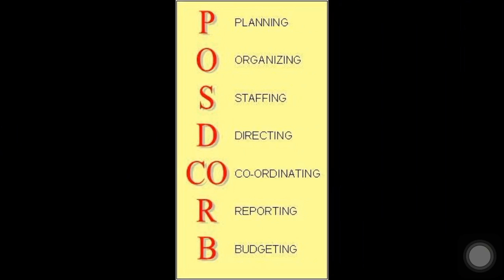Next is S, that means staffing, recruiting and training the needed staff. Fourth is D, that means direction, providing direction and orders to the various departments. Next is coordinating, that means facilitating better interaction between various departments.